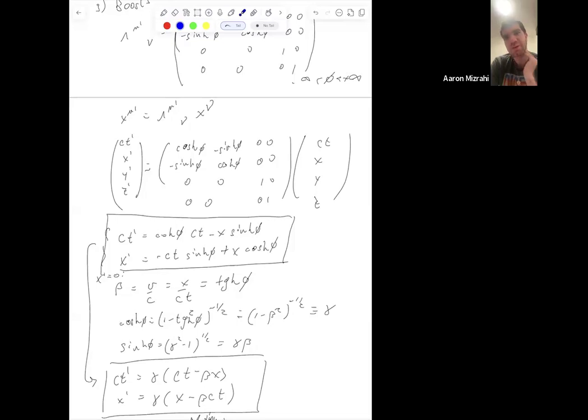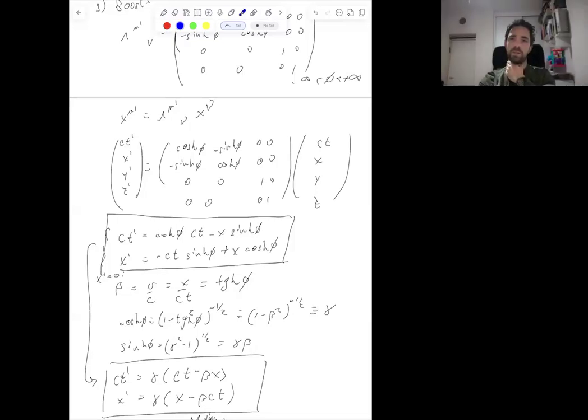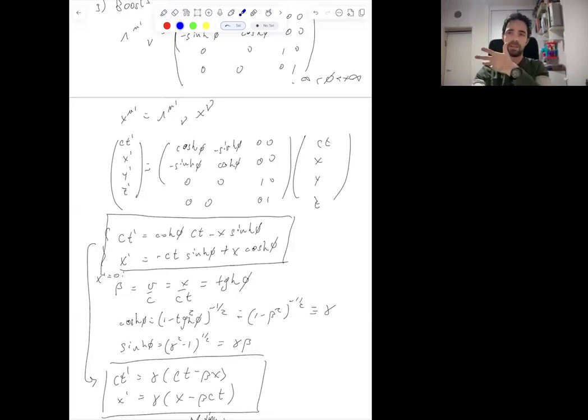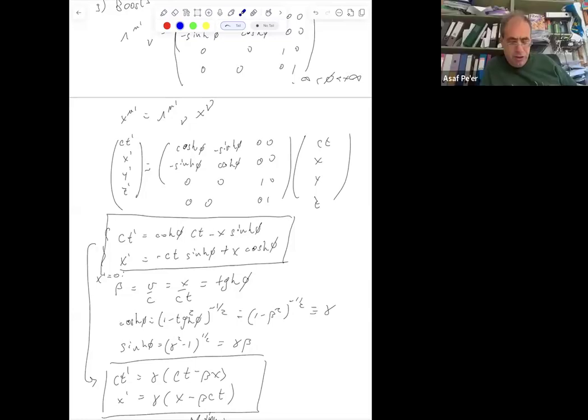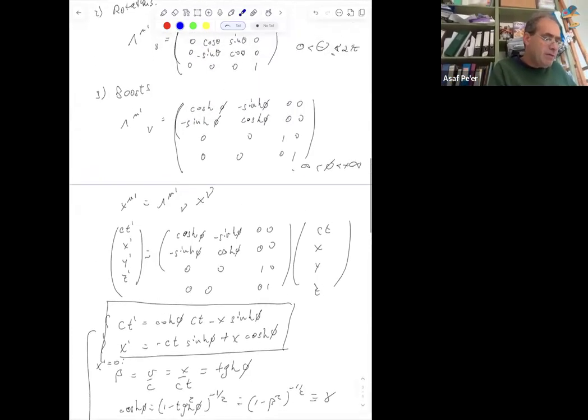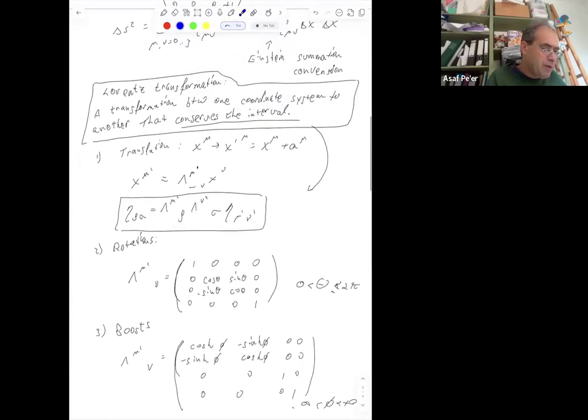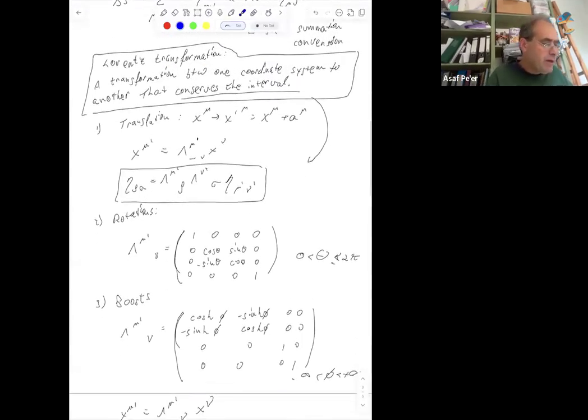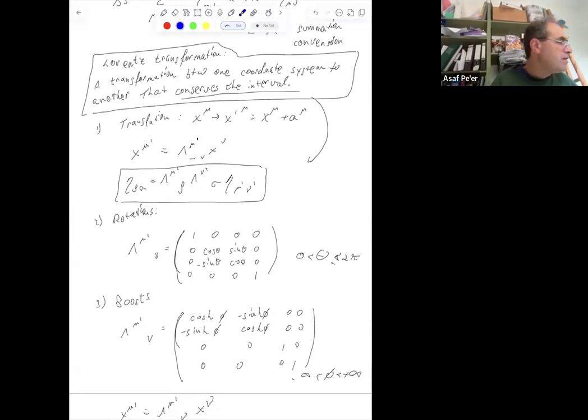Okay. Is there an intuitive way to understand why a boost is a rotation in the TX plane, for example? I don't think it's intuitive, it's just a name, right? Mathematically, look at the logical mathematical structure. We said that what we need to do in order to make any Lorentz transformation is to take the 4 vector and multiply it by a 4 by 4 matrix that is space-time independent.